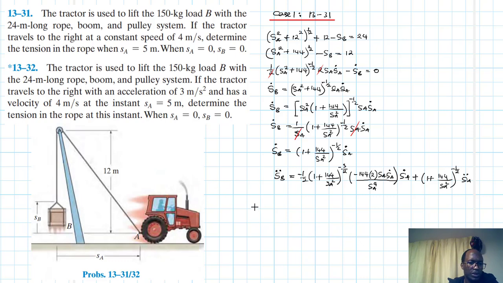So we expect the horizontal component, SA double dot, to be equal to 0, because we have SA dot equal to 4 meters per second and is constant.